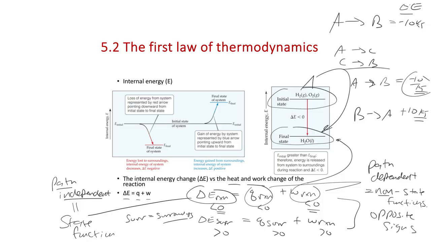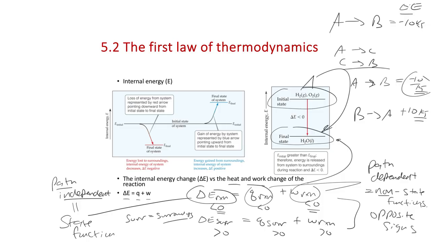You can get 10 kilojoules of Q, 0 of W, or you can get 9 of one, 1 of the other, or 8 of one, 2 of the other. The magnitudes of heat and work depend on how we're going to use that reaction. So it depends on how we're carrying the chemical reaction out. If we get all heat or all work, or some combination or some value of the two somewhere in between, the sum of the heat and the work is still the delta E.